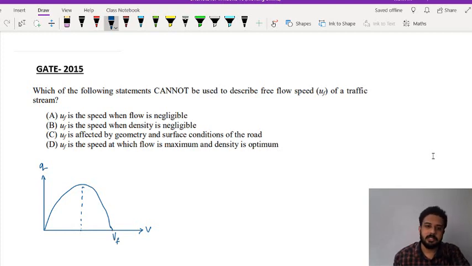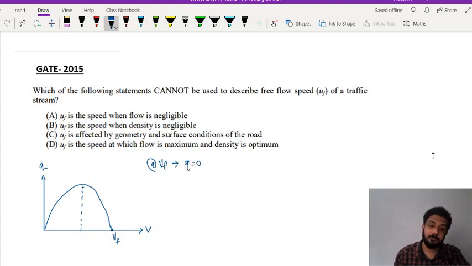Okay. Now read the sentence. Uf is the, here Uf means free flow speed. We have written Vf in our examples. So Vf is the speed when flow is negligible. Correct now? So corresponding to Vf, your y-axis is 0. So at Vf, definitely your Q value is 0.